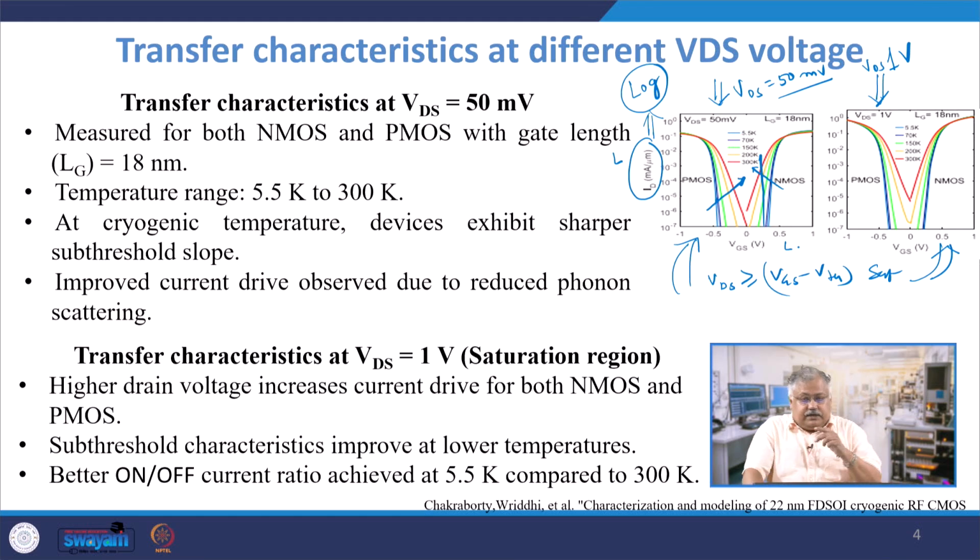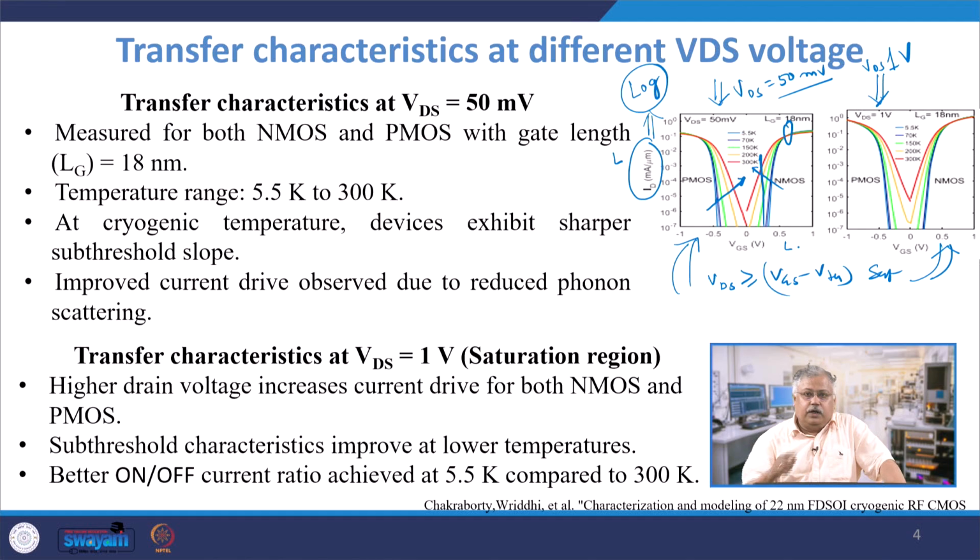But the interesting case happens when you make your gate voltage higher and higher. There is a crossover point here, which means that the low temperature ID actually becomes more than the high temperature ID, somewhere around 0.5 to 0.6 volts VGS, which you get around the subthreshold region, or just near the threshold.